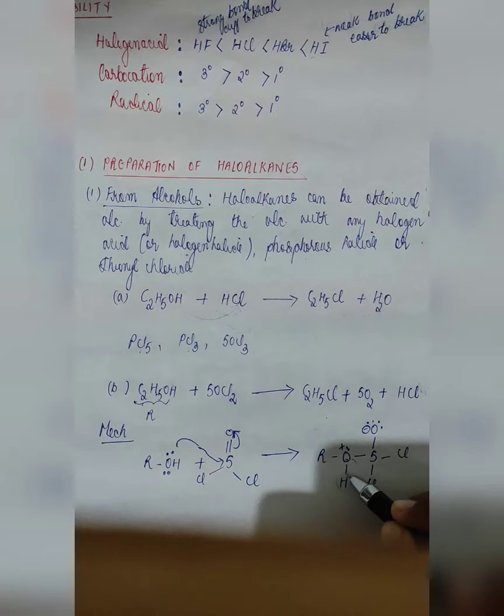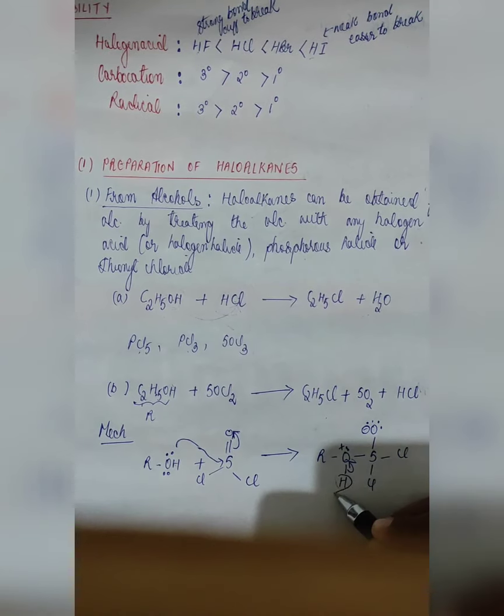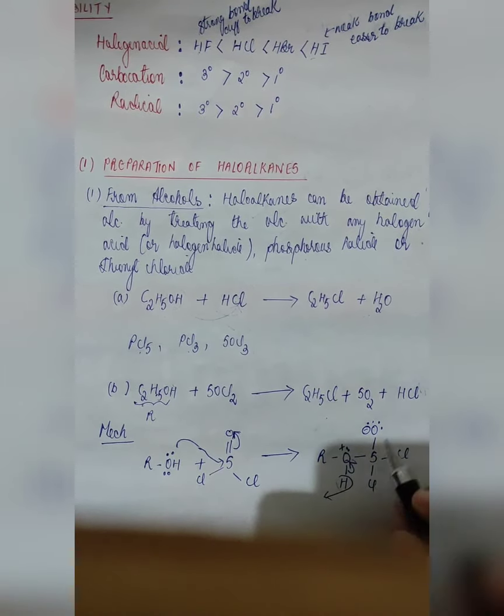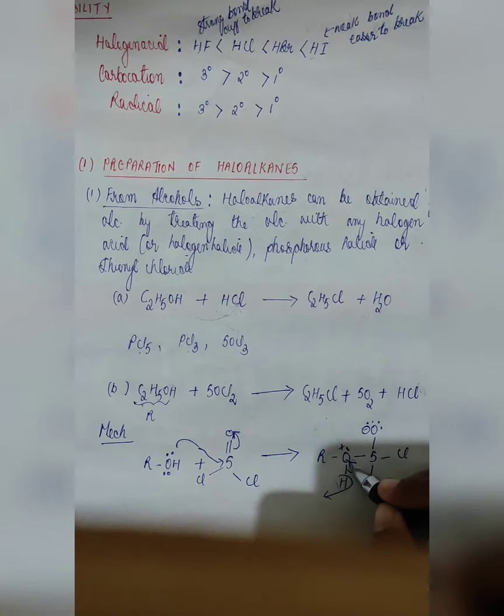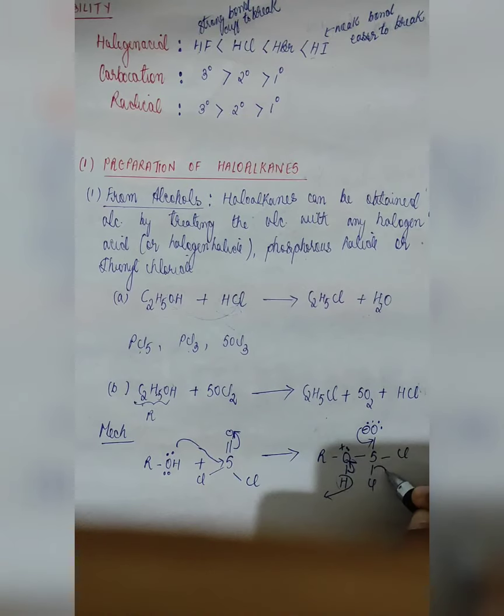Now here the OH bond will break and this electron will be given away to the oxygen, and this hydrogen is going to leave. Since one electron has been given away to the oxygen, the negative pair will return back to make a double bond once again. Upon doing so, this chlorine will leave in order to maintain stability.